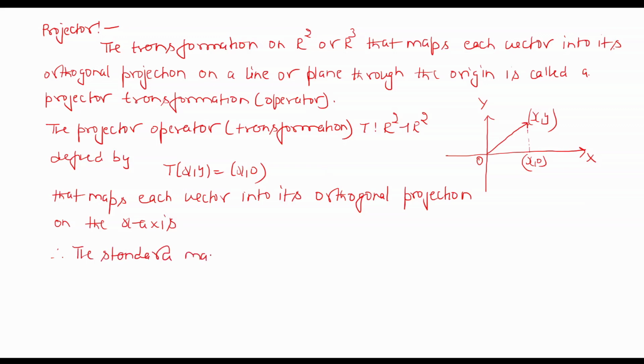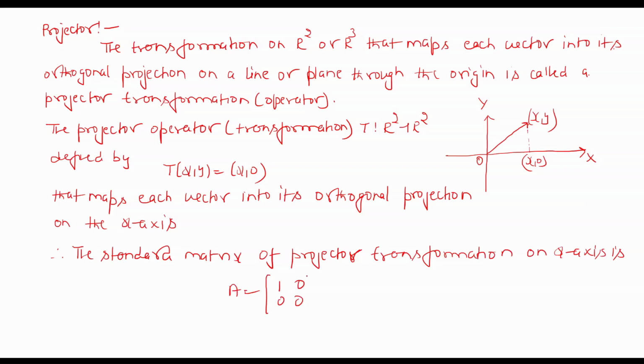The standard matrix of the projector transformation on the x-axis is given by [[1, 0], [0, 0]]. When you multiply vectors with this standard matrix, it will give you the projection of the vectors on the x-axis.